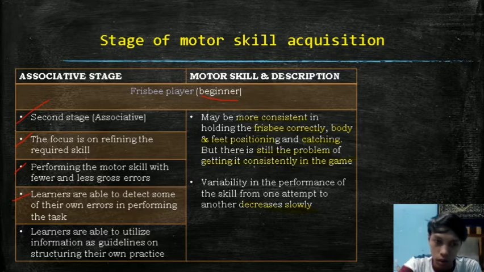So in the second stage, the beginners can detect their own errors in performing the task. The last one is the learners are able to utilize information as a guideline in structuring their own practice. So dia dah pandai gunakan apa information yang dia dapat untuk training sendiri.